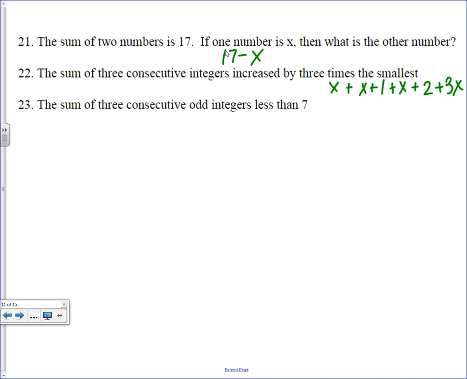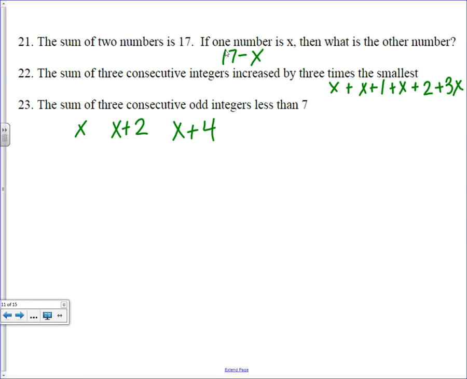All right, let's see if I get this last one in here. 3 consecutive odd integers. Okay, odd integers. 1, 3, 5, 7, 9, right? How far apart are those? They're 2 apart, aren't they? So if I call the first one x, what would you call the second one? What would you call the third one? How's everybody doing with that?